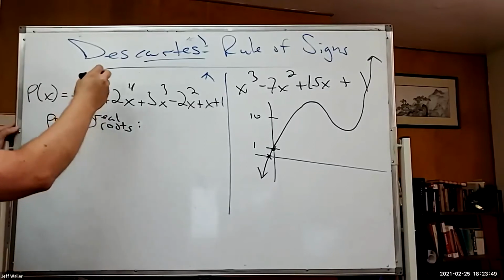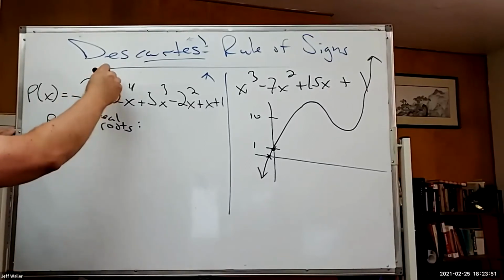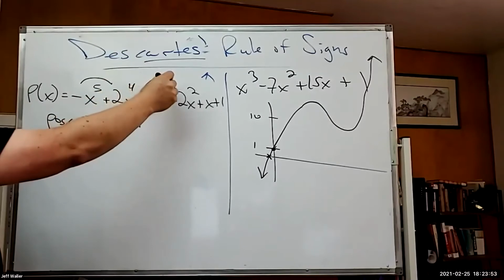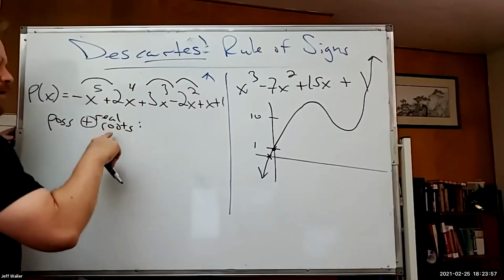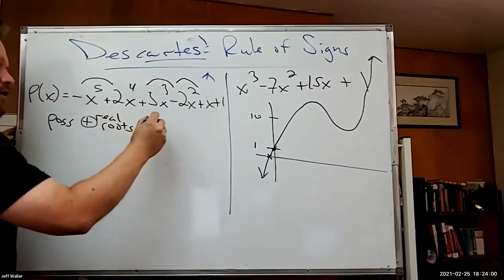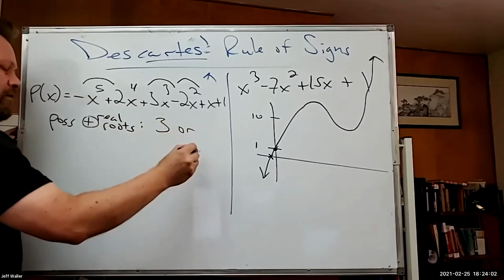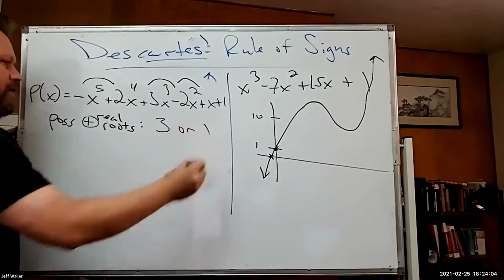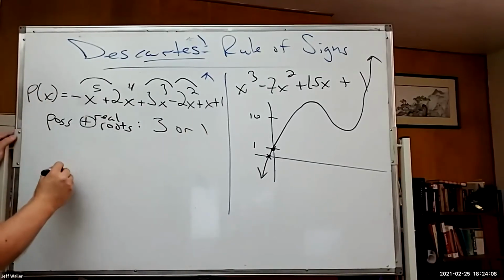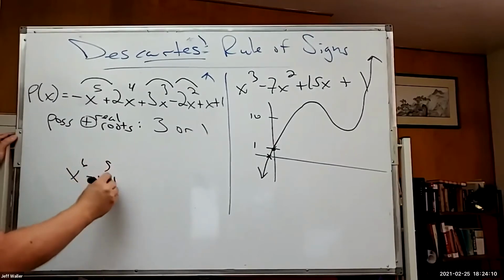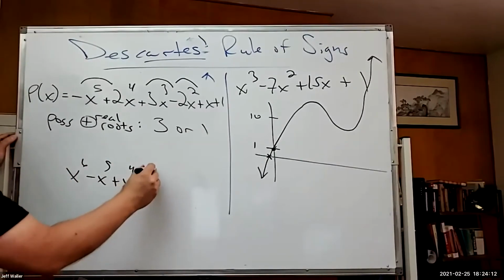How many sign changes are there? 1, 2, 3. Oh, that's exciting, Jeff. So how many possible positive real roots are there? 3 or 1.